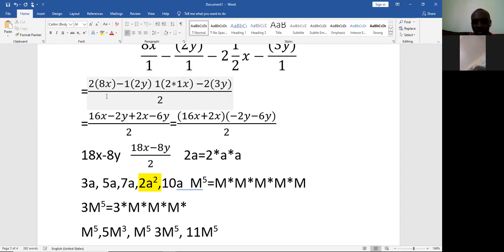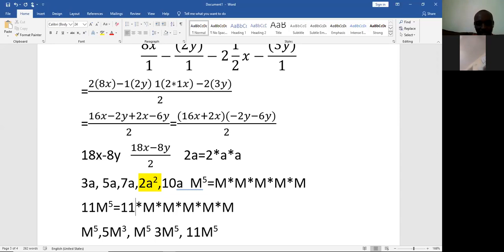This is what 3m to the power 5 means. 11m to the power 5 means 11 multiplied by m, 5 times.